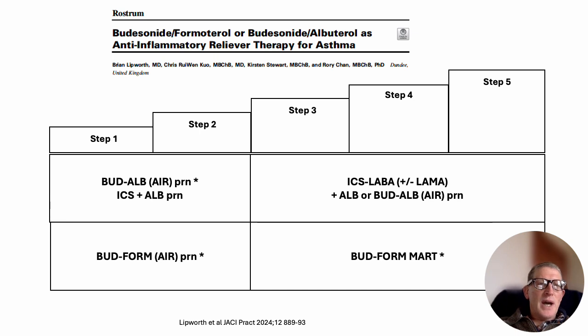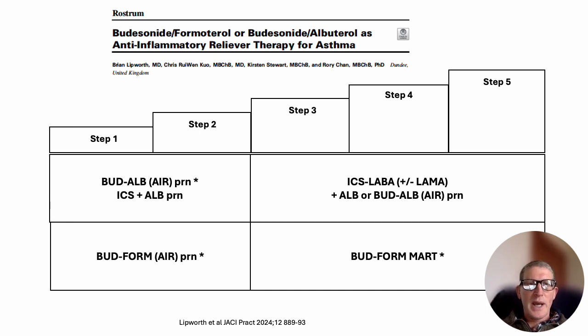The budesonide albuterol as anti-inflammatory reliever therapy, as I said, is only advocated by the FDA as reliever therapy. So strictly speaking, because it's not advocated as maintenance therapy, it should really only be used for mild asthma at step 1. But of course, it's very difficult to distinguish between mild intermittent and mild persistent asthma. So in real life, we're talking about using it on demand at steps 1 and 2.